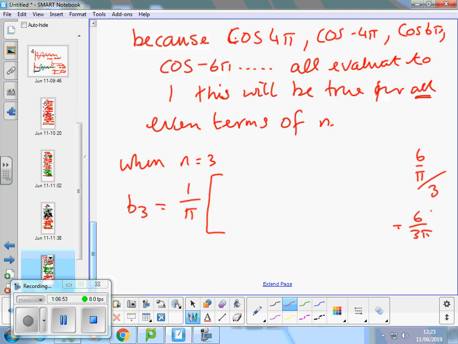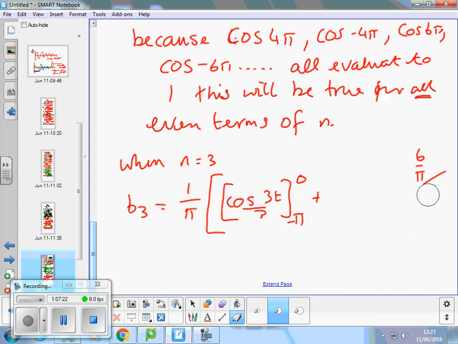Just going to quickly go through the calcs here, all right? And I'm kind of missing out a step here because I'm going to integrate straight away. So that's cos 3t over 3 between minus pi and 0. It's okay to jump those steps because you've shown them all in the earlier example.